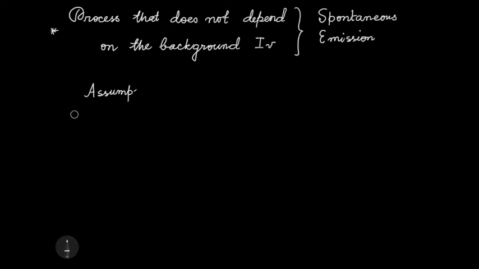What are the assumptions? Obviously, we cannot deal with a very complicated situation. So we take the following assumption. The assumption is that the emitters are isotropic. They emit isotropically, so it emits the same in all directions.